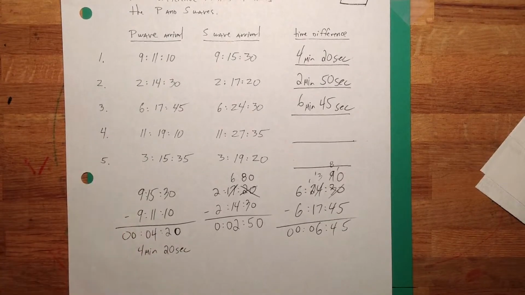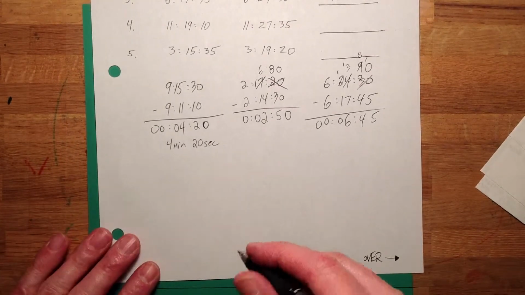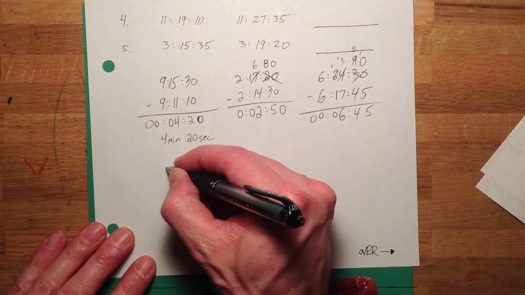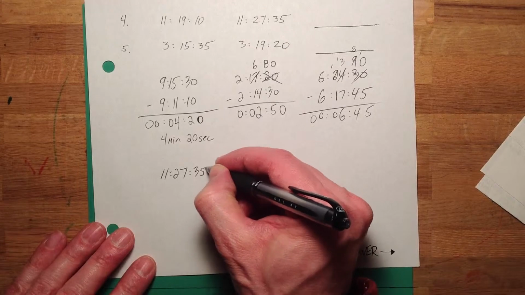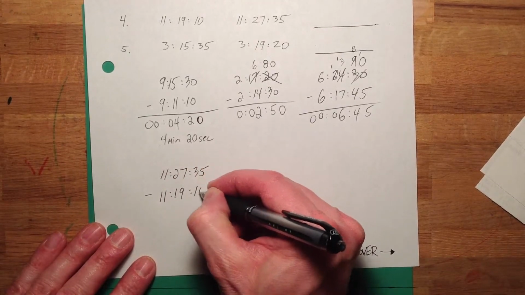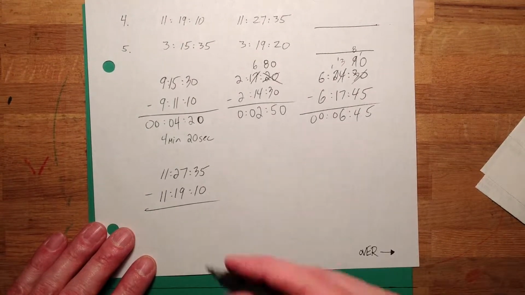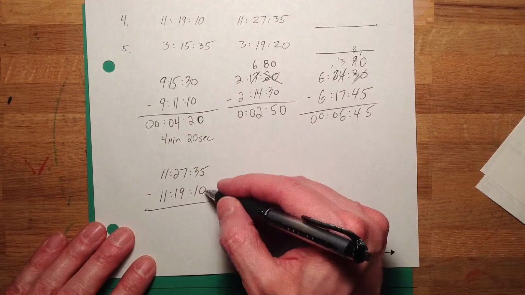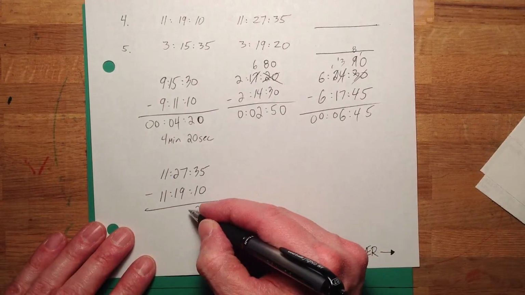Okay, 4 is going to look like this. 11:27:35 minus 11:19:10. Can I take 10 away from 35? I can. So I don't need to borrow. 5 minus 0, 3 minus 1 is 2.